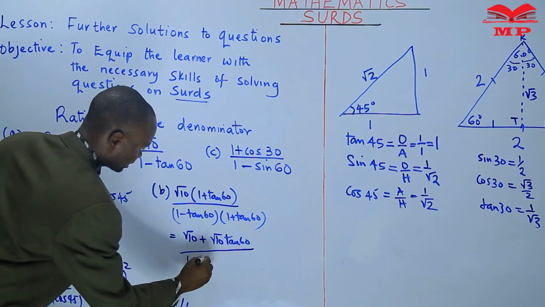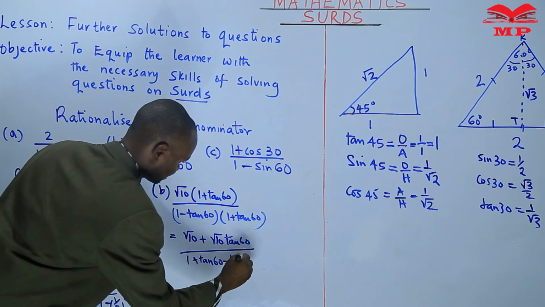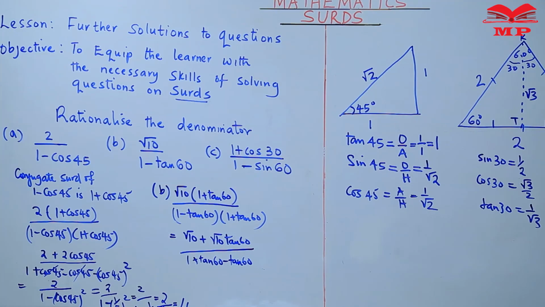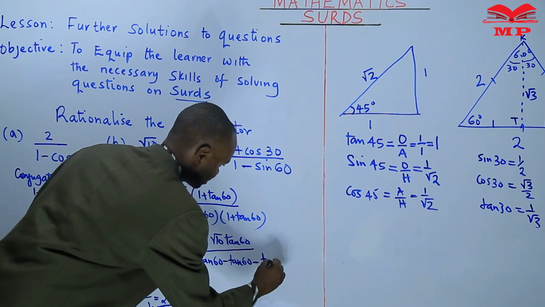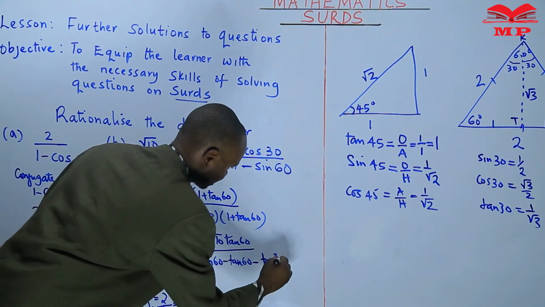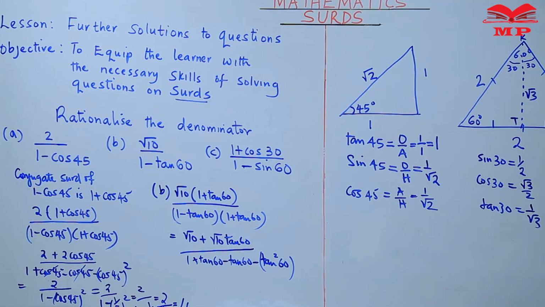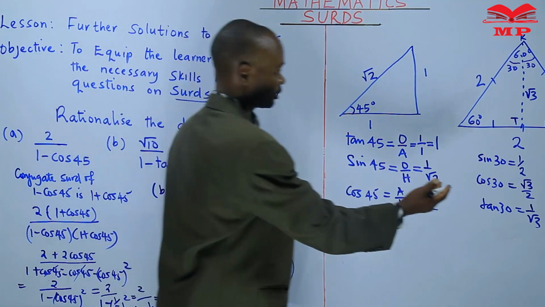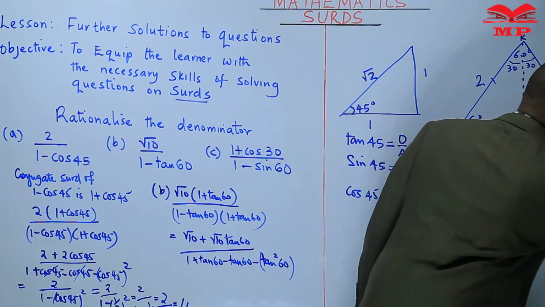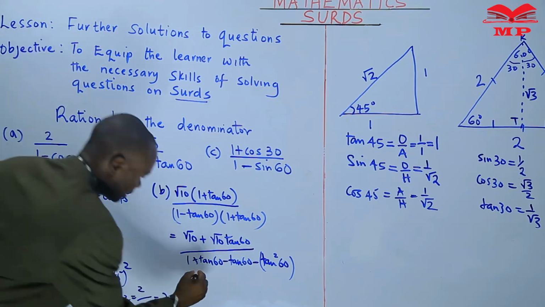So we have plus tan 60 minus tan 60, minus tan 60, Lana, minus tan squared 60. Tan of 60 squared. You can also write it that way. I already know the tangent of 60 here. I don't need to be bothered. I'll just substitute. So I'll move ahead.